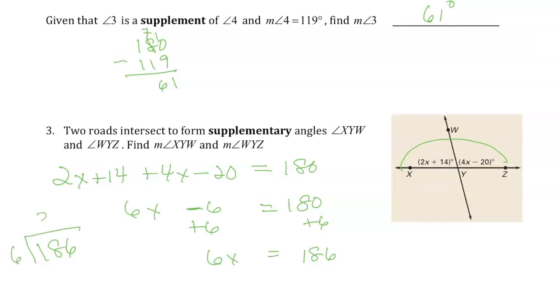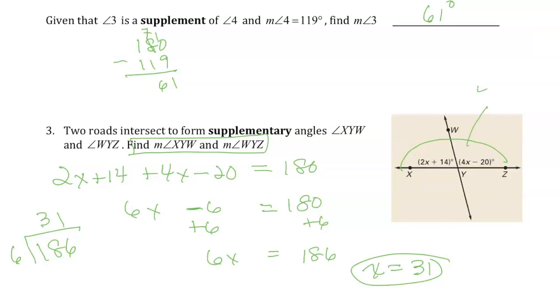6 goes into 18 3 times. 6 goes into 6 one time. X will equal 31. But we are not done because the question is not what x is. The question is what these angles are. Okay, so let's figure them both out.